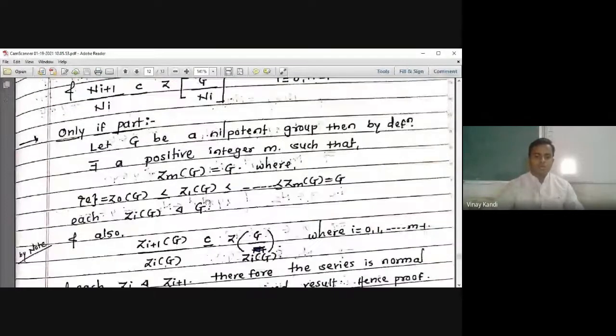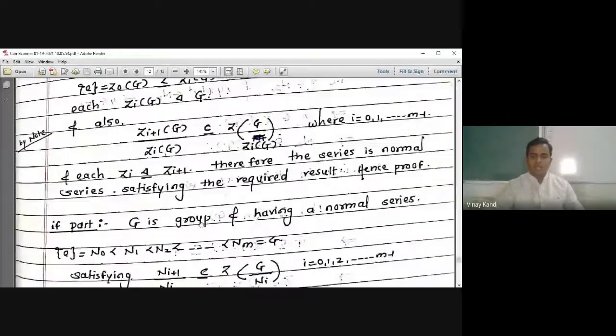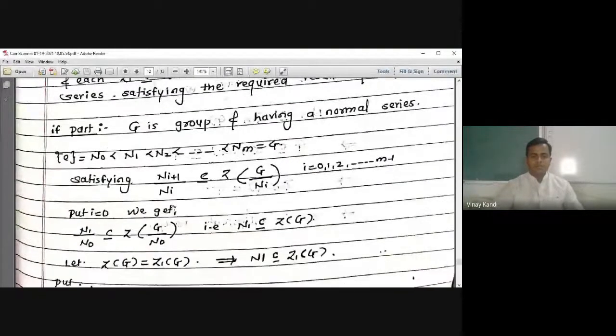We proved. Okay, so in the second part, assume G is a group having a normal series, singleton E is equal to N naught, which is a subgroup of N1, which is a subgroup of N2, up to Nm, which is equal to G, satisfying this condition: Ni plus 1 upon Ni is contained in the center of G upon Ni, for i running from 0 to m minus 1.